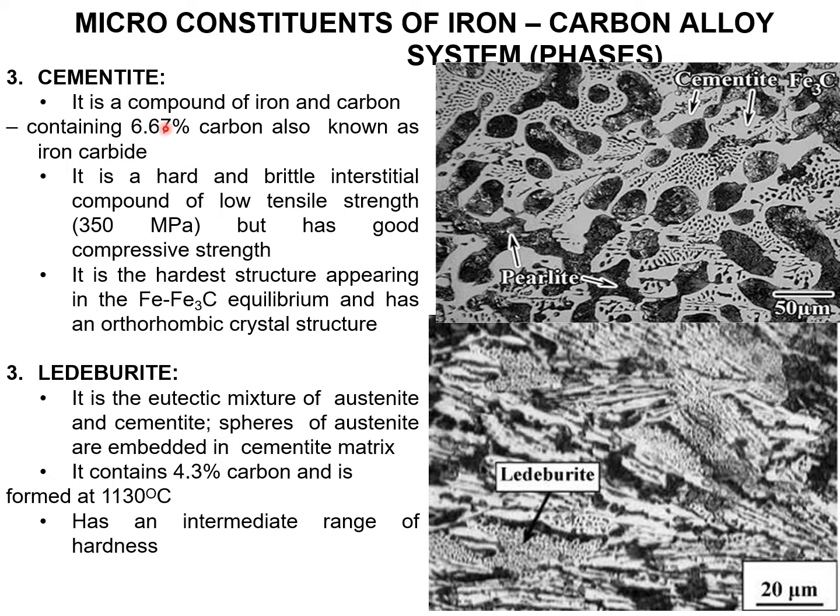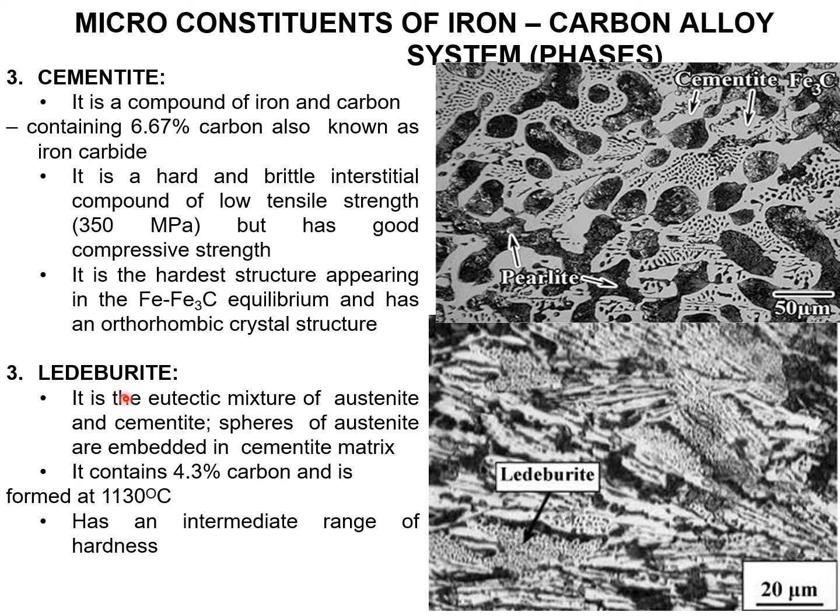We can call this iron carbide. It is very hard, and its tensile strength is low compared to the previous one, but it has good compressive strength. The structure is an orthorhombic crystal structure.